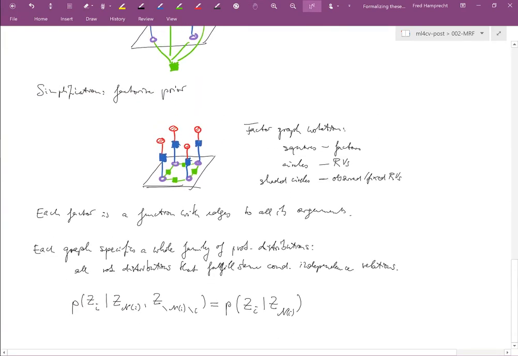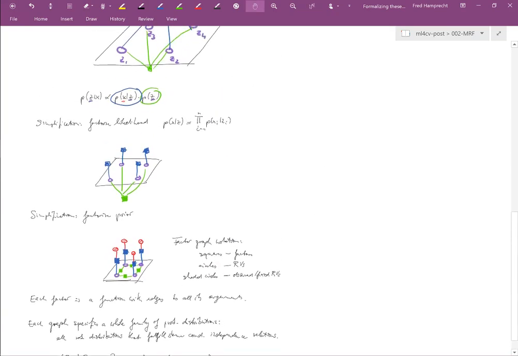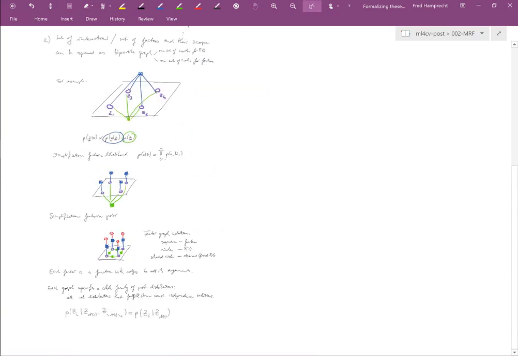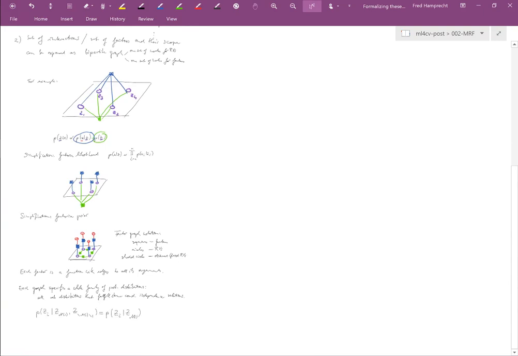So by just looking at the factor graph, I can already see what order of interactions a specific model encodes. And this gives me important information about the mathematical structure of the optimization problem.